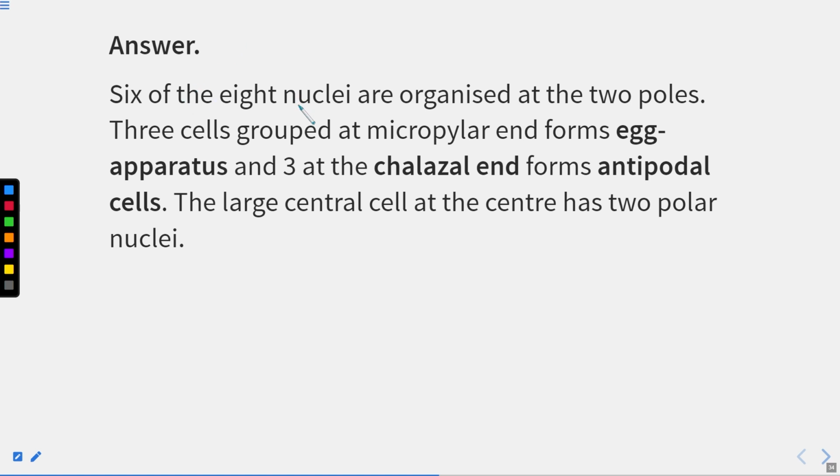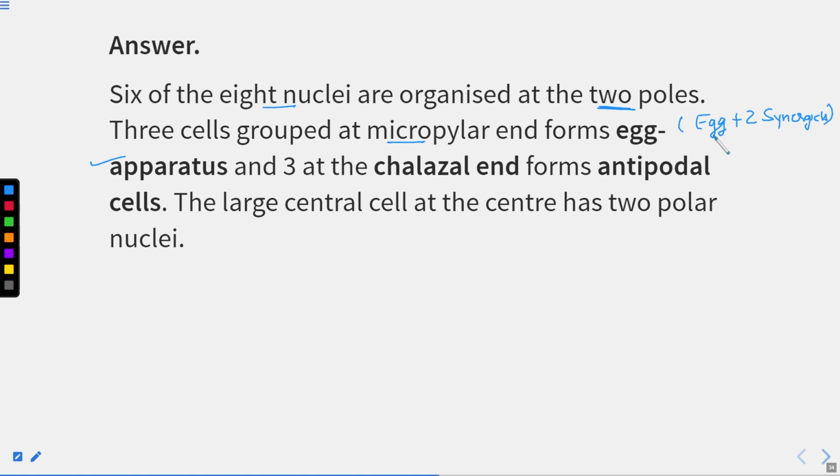So 6 of the 8 nuclei are organized at the 2 poles, the micropylar pole and the chalazal pole. 3 cells grouped at the micropylar end form the egg apparatus. So the egg apparatus consists of the egg cell and 2 synergids.